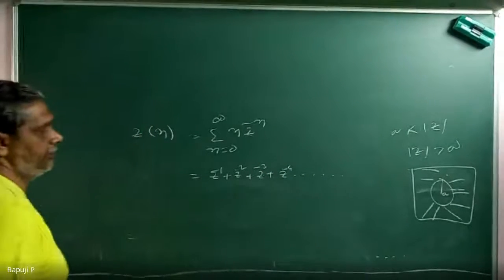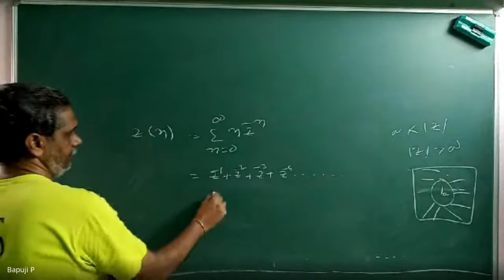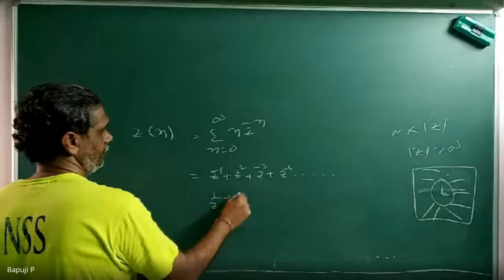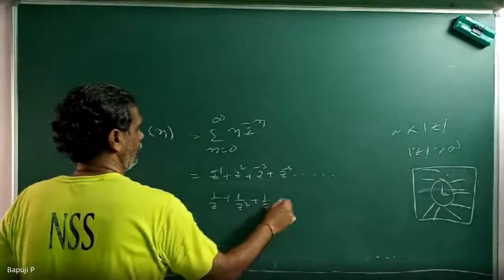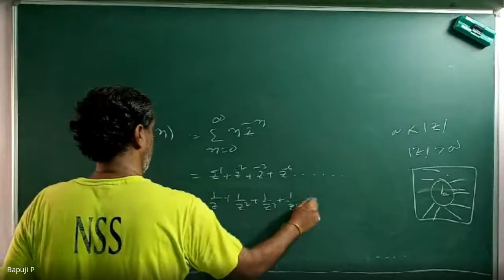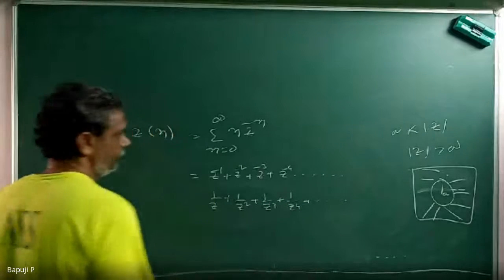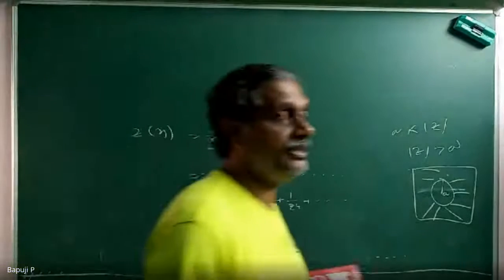So how can you write this? If you want, you can write that thing. So from everywhere, can you take 1 by z common?